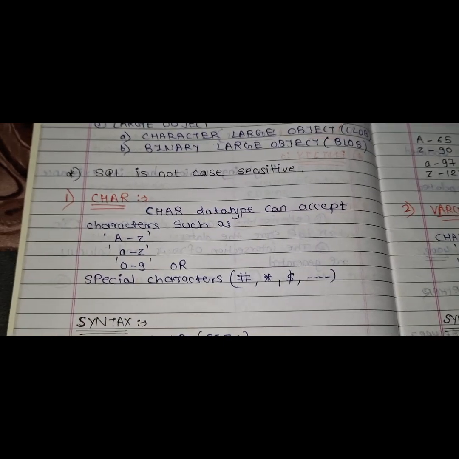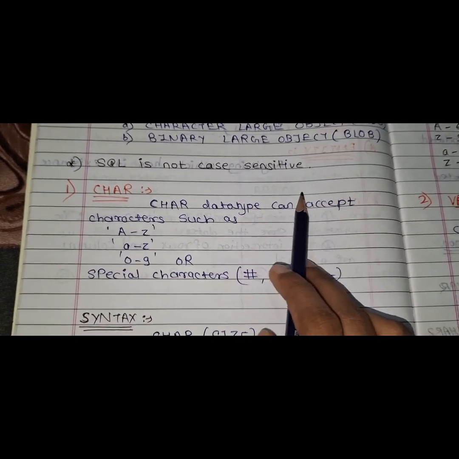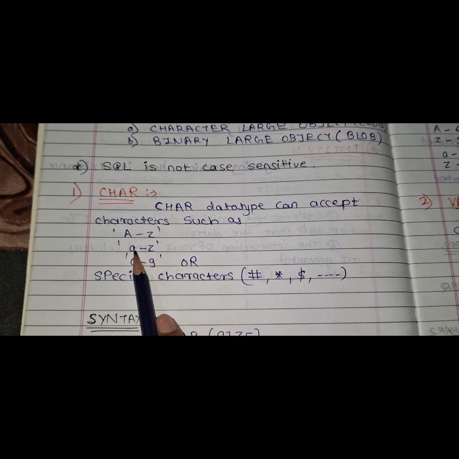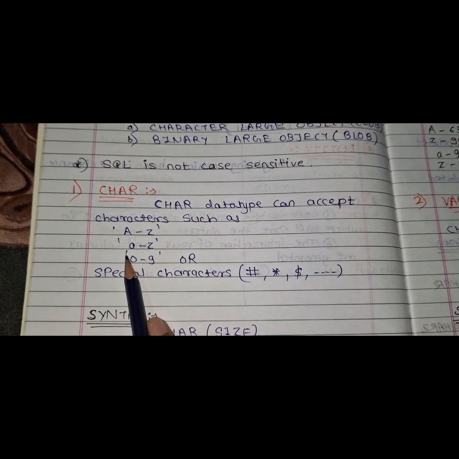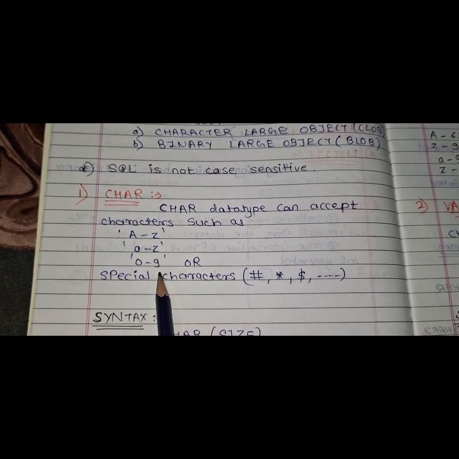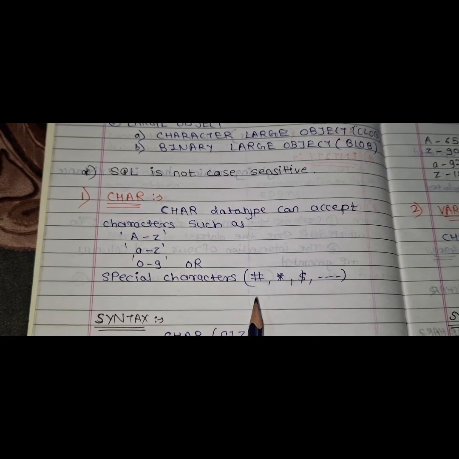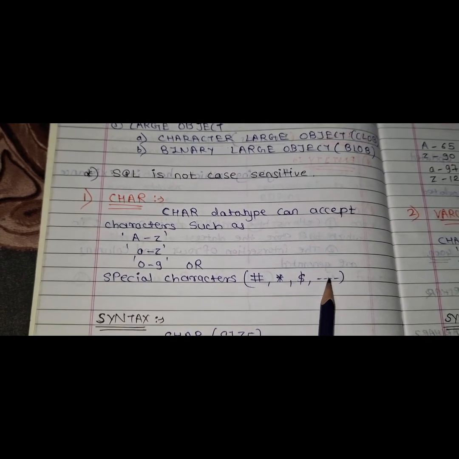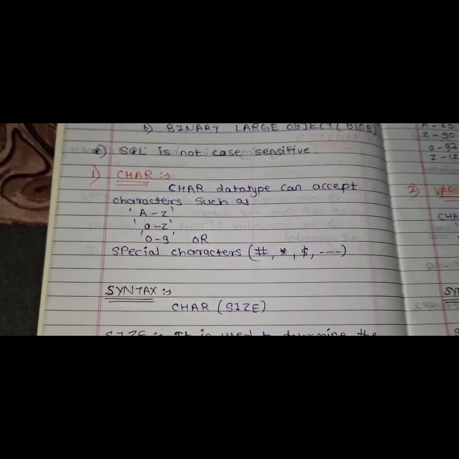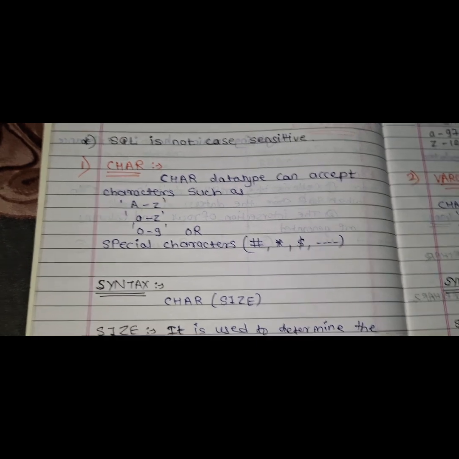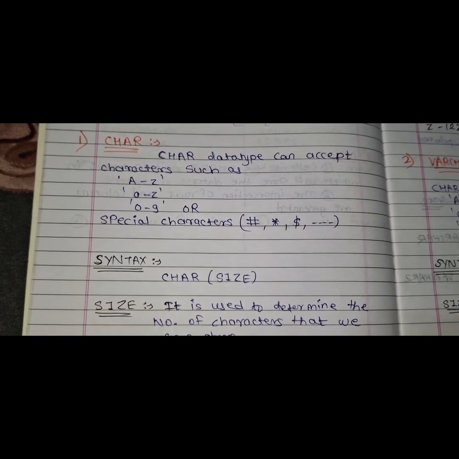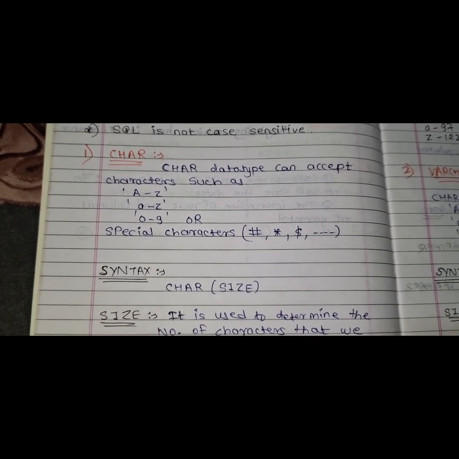So let's start with the char data type. The char data type can accept characters such as capital A to capital Z, small a to small z, 0 to 9, or special characters like hashtag, asterisk, dollar, etc. There is a syntax for defining char with a size.